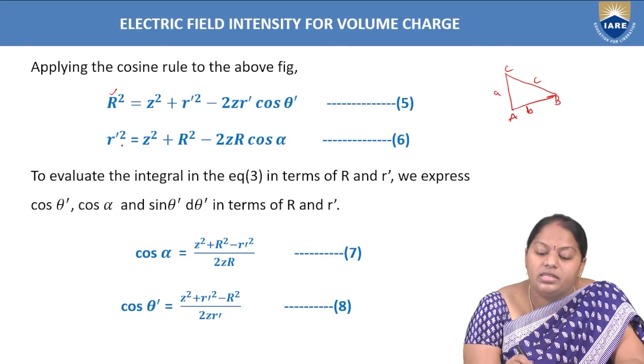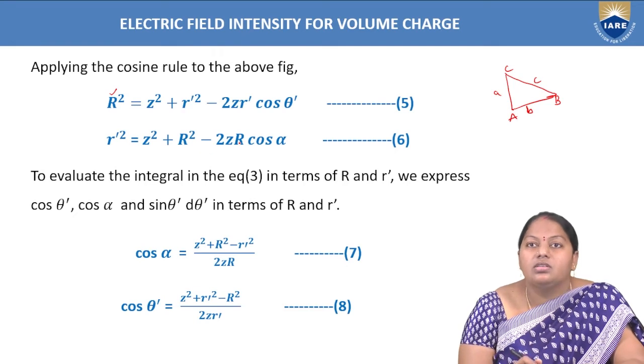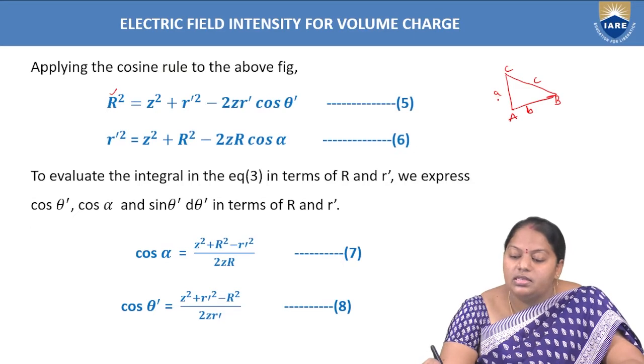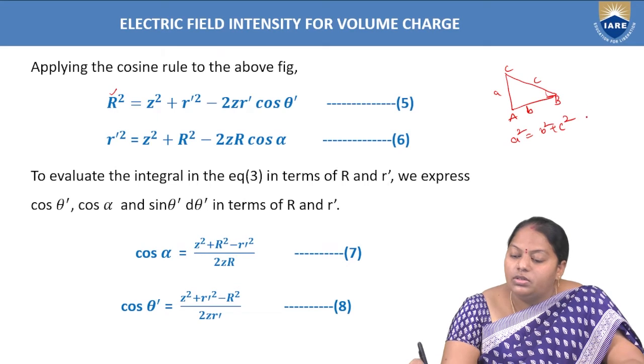And for small r dash square equal to z square plus r square minus 2zr cos alpha. Suppose you want to measure the angle, a square is equal to b square plus c square minus, what is that angle which we are going to measure here?